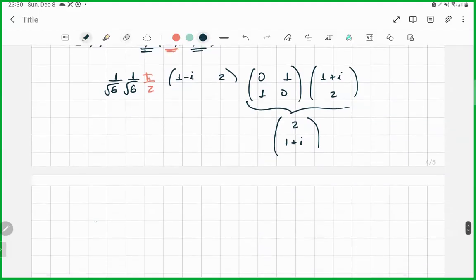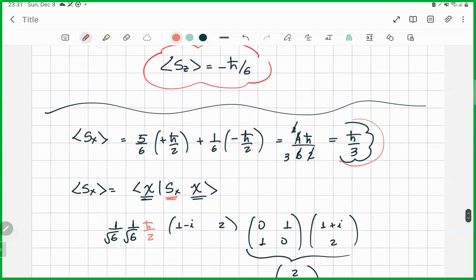So let me put all those numbers that we found before, H bar over 12, and now we go this element with that, so we get 2 and minus 2i, and then 2 plus 2 and plus 2i. So you see that these cancel, and we get 2 plus 2 is 4. 4 divided by 12 gives us H bar over 3, which is also what we got before.